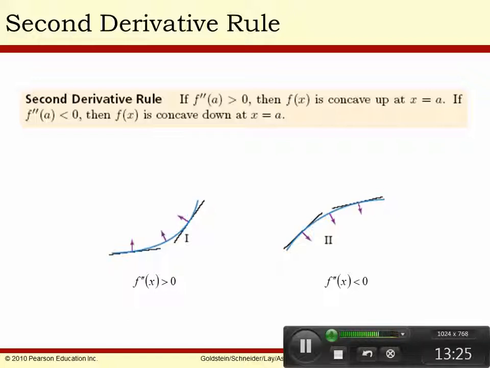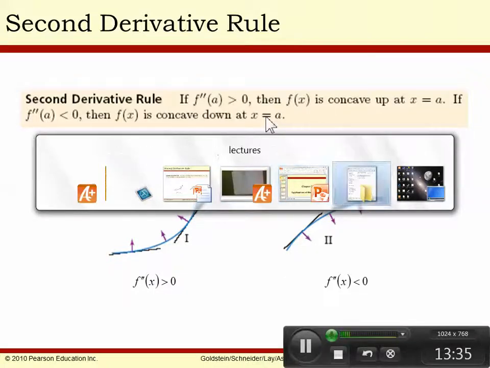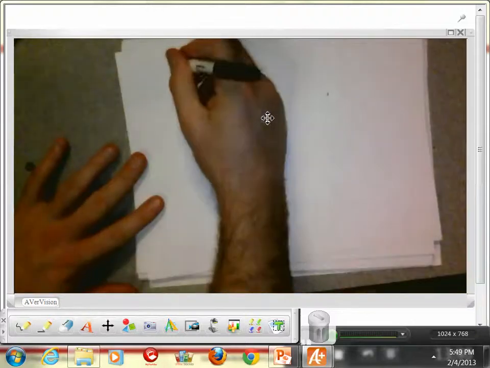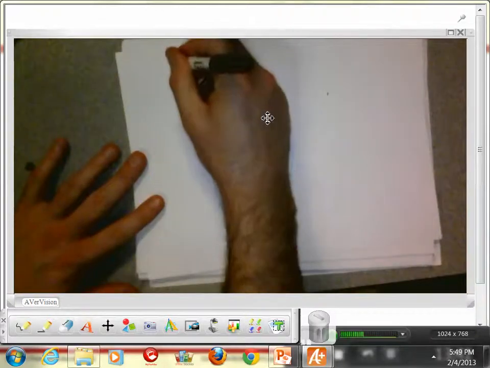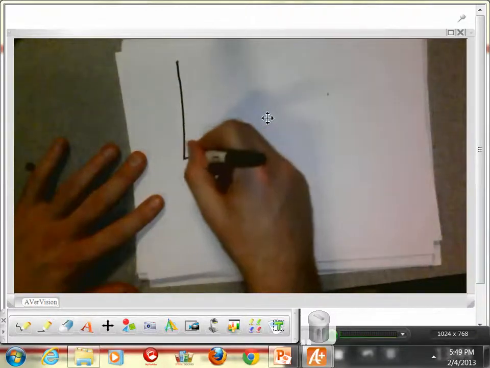So an example of that is, before we go on to the next slide, suppose we have the function. I'm going to draw a picture first. Right?